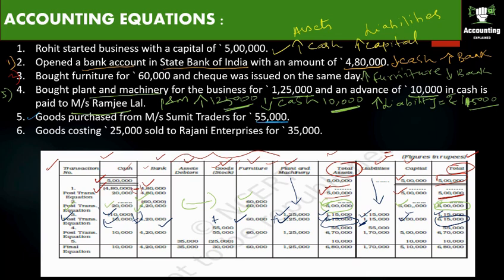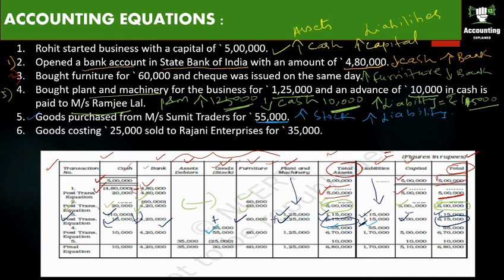Stock is increased by 55,000, and since you have bought it on credit, what you owe is increased. That is your liability. Liability is also increased by 55,000.